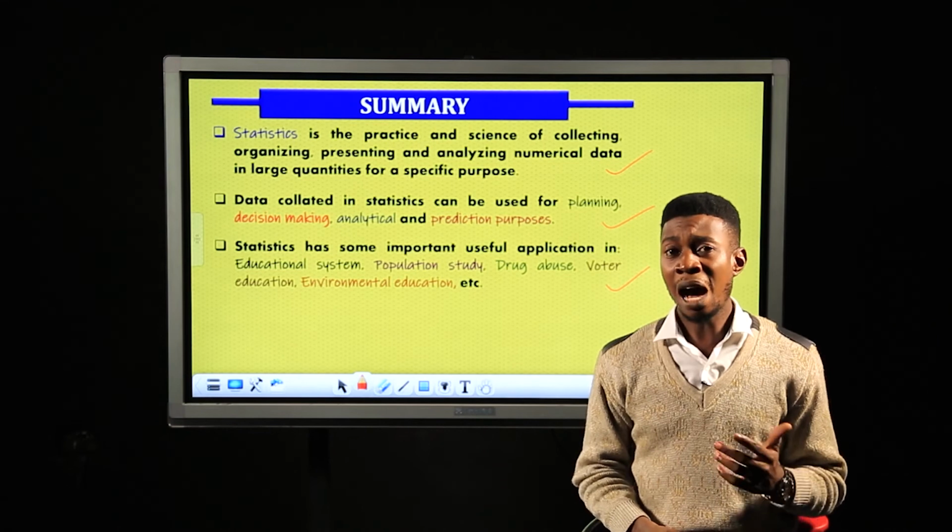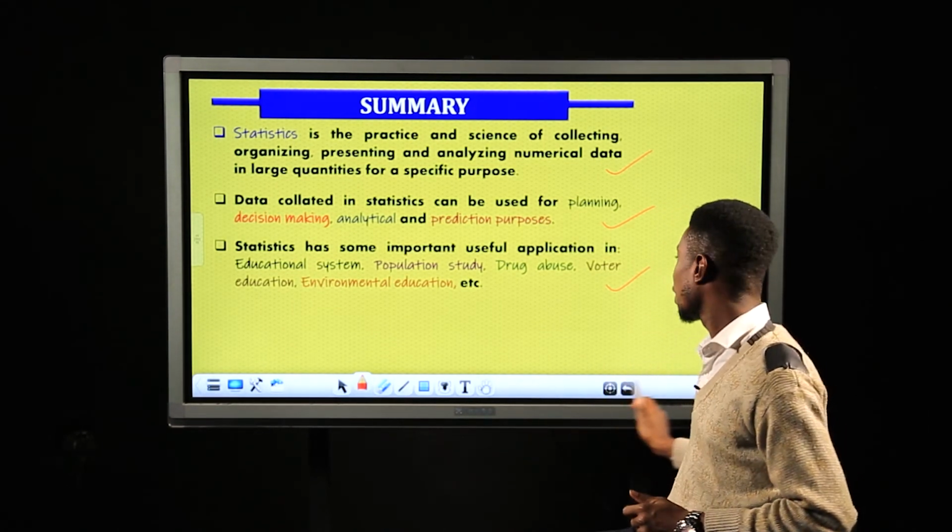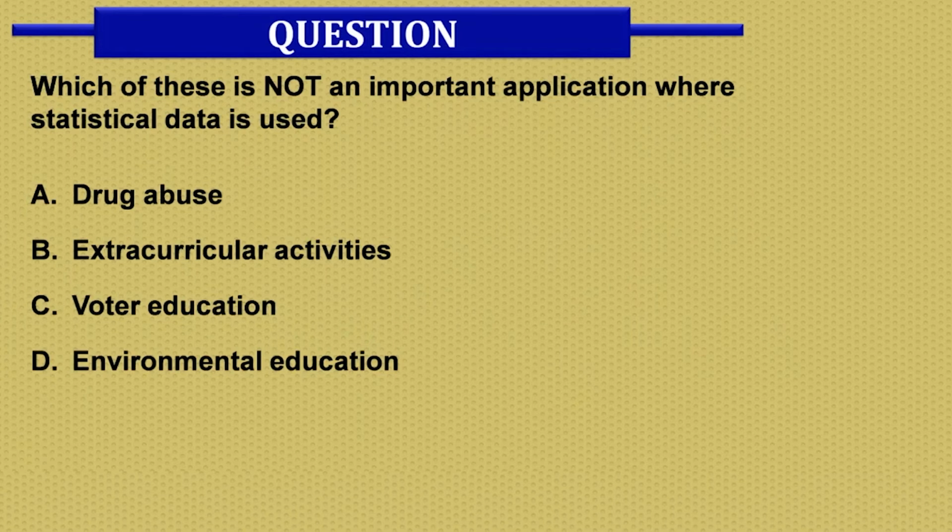So now, I have some test questions for you to try out. Question 1. Which of these is not an important application where statistical data is used? A. Drug abuse. B. Extracurricular activities. C. Voter education.